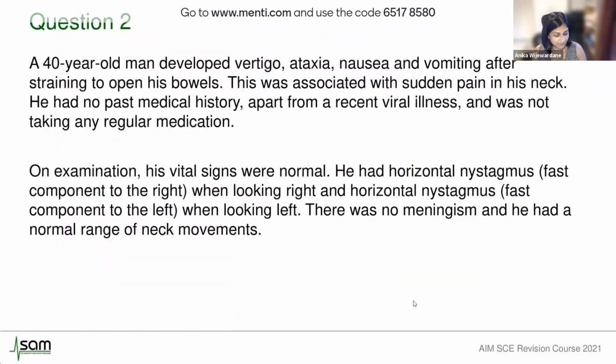Okay, so question 2. I'll start my timer. Okay, so this is asking us about a young man with an acute neurological syndrome and neck pain, and they've given us one positive neurological finding.